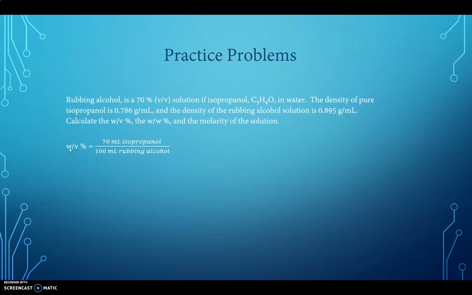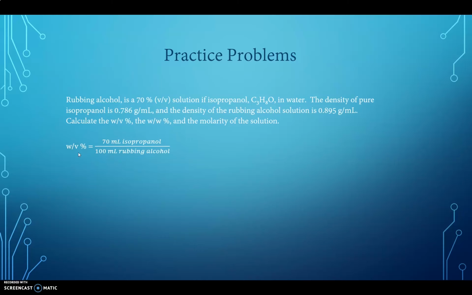So let's start out with calculating the weight volume percent. So we already have the volume. 70%, of course, means 70 out of 100. So our denominator is already in milliliters, which is what we want. All we really have to do is change the numerator into grams.